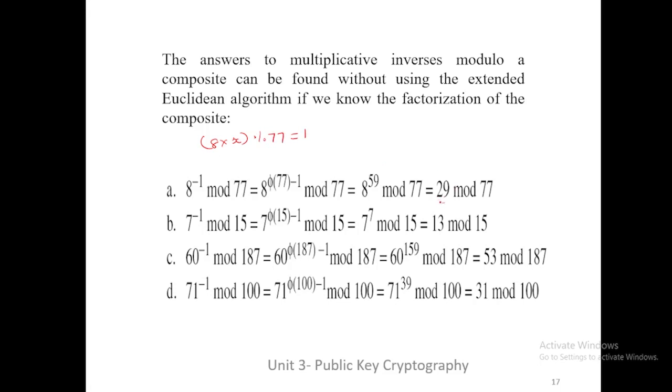At that situation, if you multiply 8 into 29 and do the modulus operation of 77, the answer will be 1. So the answer for 8 inverse mod 77 is 29. Like that we are able to calculate 7 inverse, 60 inverse, 71 inverse of a given value. Thank you.